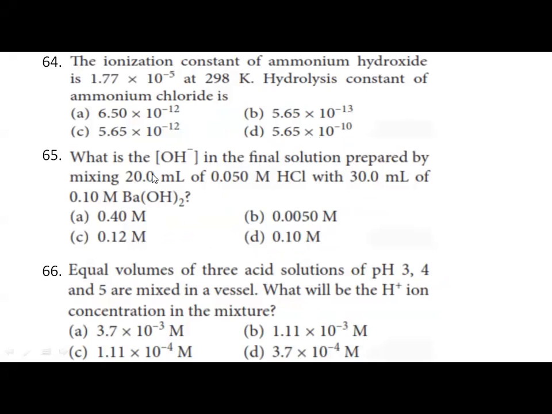Yes. Next question. What is the OH minus ion concentration in the final solution prepared by mixing 20.0 ml of 0.050 molar HCl with 30.0 ml of 0.10 molar barium hydroxide? Okay. OH minus ion concentration. See, for finding that, we'll first see H plus.